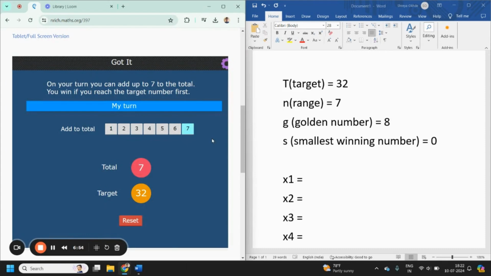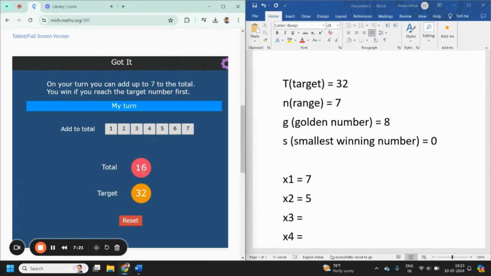So now the computer has played something, and that something is x1, which is 7. So I'm going to play 8 minus 7, which is 1. x2 is 5, and I'm going to play 8 minus 5, which is 3.